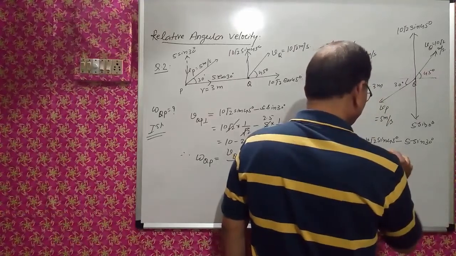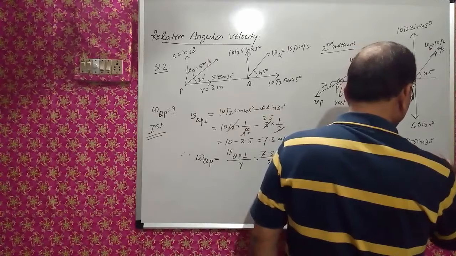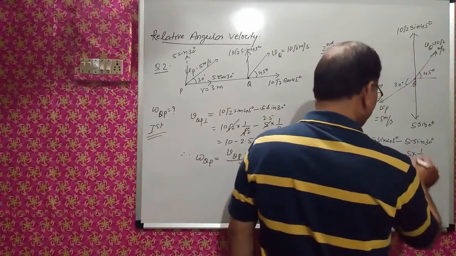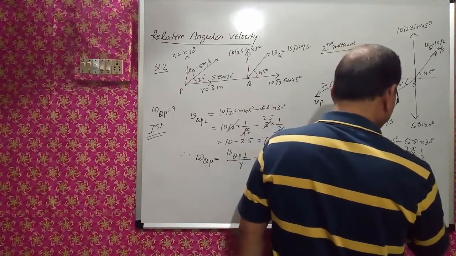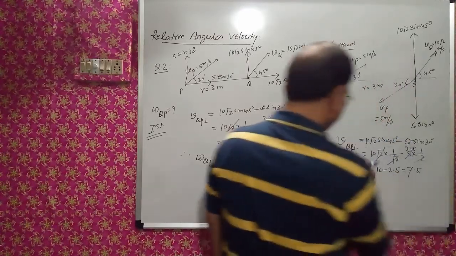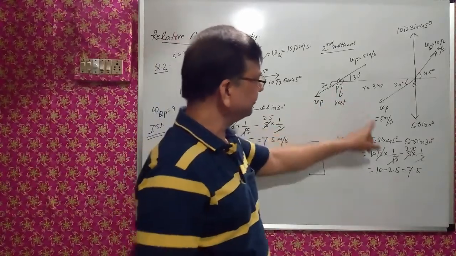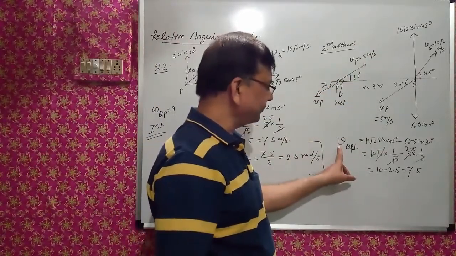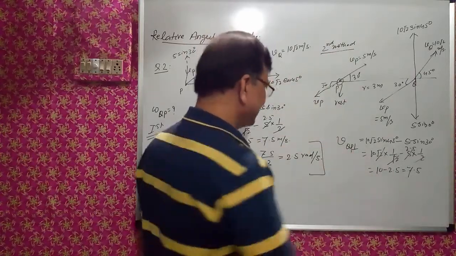That is 10 under root 2 into 1 upon under root 2 minus 5 into 1 by 2. So this will go again, 2.5, that is 10 minus 2.5, that is 7.5. So see, now it has come to rest. Net velocity of Q with respect to P in the perpendicular direction is this.